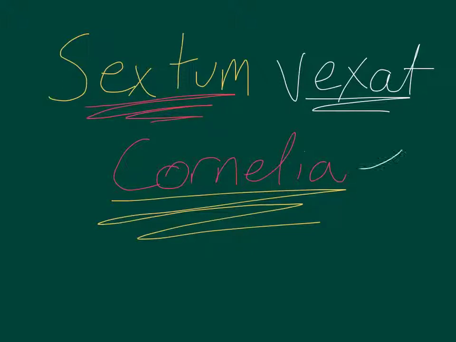So Cornelia is annoying Sextus. And we changed the meaning of the Latin sentence without changing the order of any of the words. It was all entirely dependent on the endings of the words.